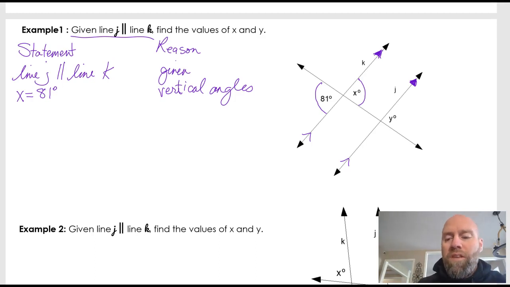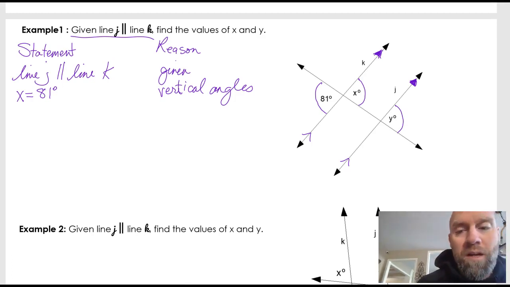All right, and one of the vocabulary that you should have learned by reading through the notes that we gave you today, or you should have learned it in your geometry class, is that there are two corresponding angles. If I have line J and line K parallel to each other, then the angle measure for X is going to be congruent to the angle measure for Y because of corresponding angles.